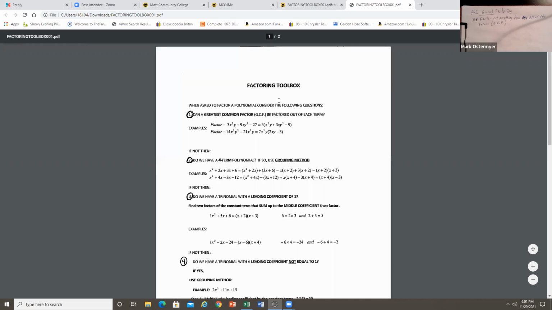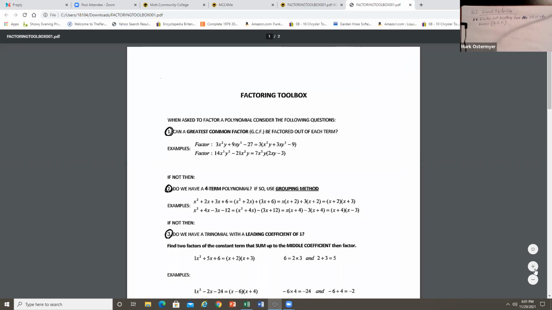You should consider these steps as you strive to factor any sort of polynomial. Well, it's a little slow tonight. Here we go. Called a factoring toolbox, ladies and gentlemen.